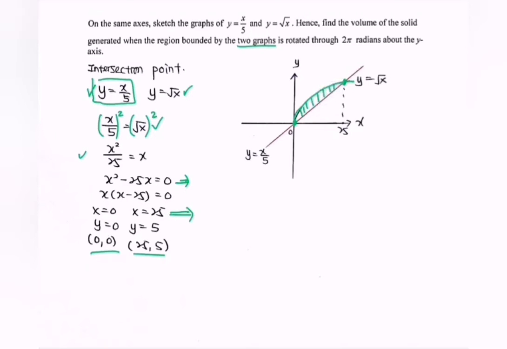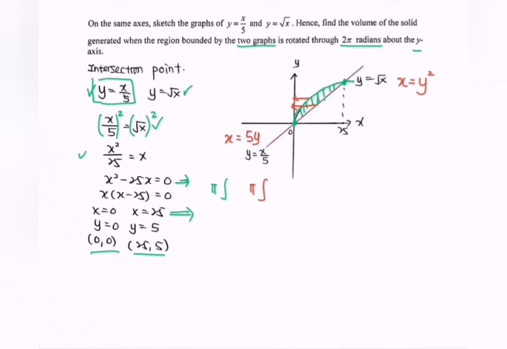Then it's rotated. If it's about the y-axis, meaning that what we have to do is to draw a line, the longest minus the shortest. So do remember, you must modify the situation where we have x equals y squared. Then we have x equals 5y. So integrate the situation. We have the pi.